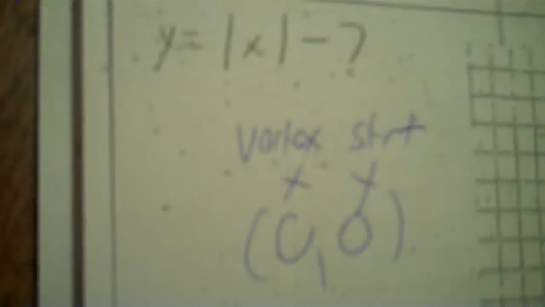Alright, y equals the absolute value of x minus 7. So vertex start, 0, 0. Vertex finish. Okay, 0.